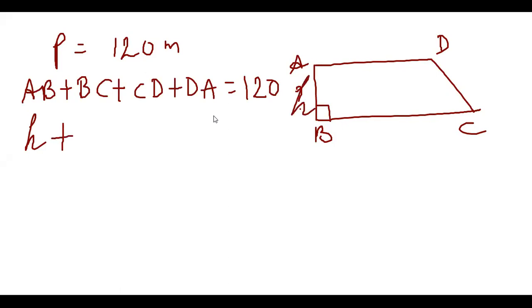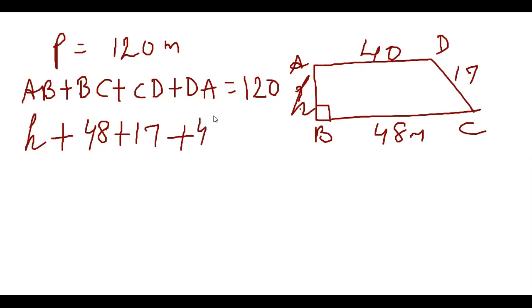Plus, how much the BC is given here? BC is equal to 48. CD is equal to 17. DA is equal to 40 is equal to 120.